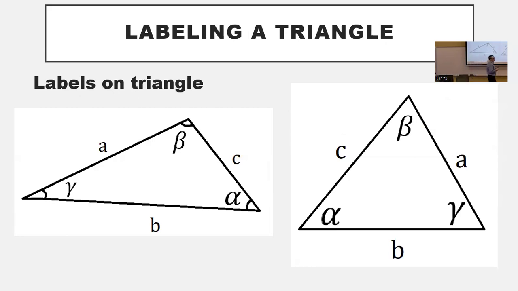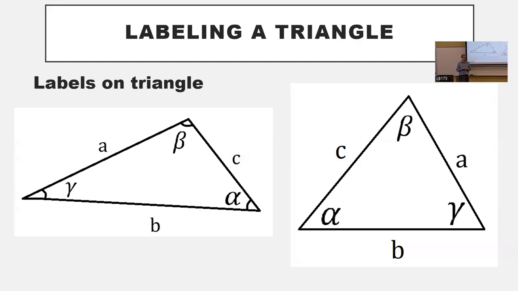Now we're going to use the same labeling convention we had with right triangles. When I say labeling convention, what I mean is we use alpha, beta, and gamma as the three angles of the triangle. And the side opposite of angle alpha we'll call A. The side opposite angle beta we call B. And the side opposite angle gamma we call C. First three letters in the Greek alphabet, first three letters in the English alphabet.